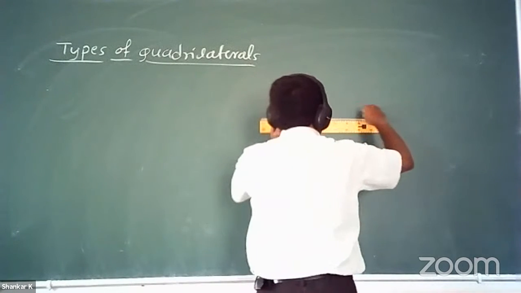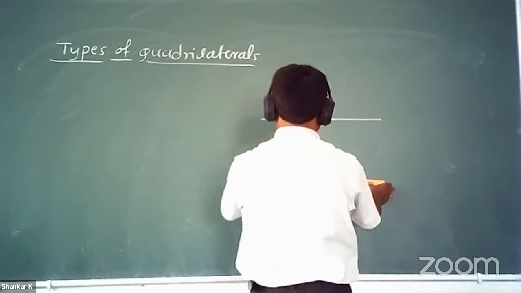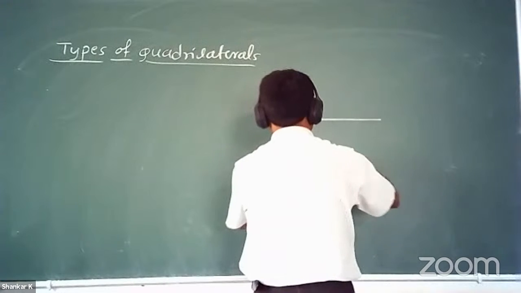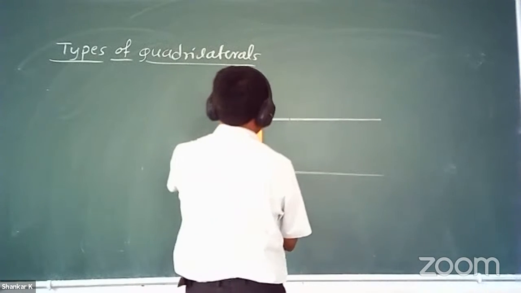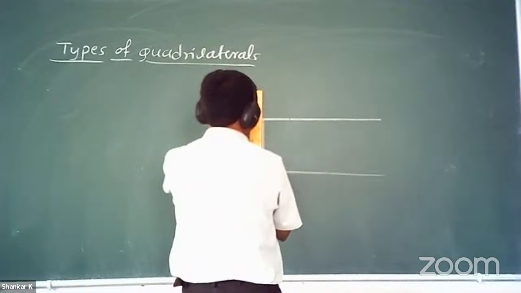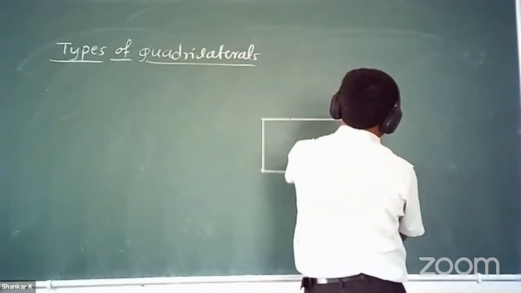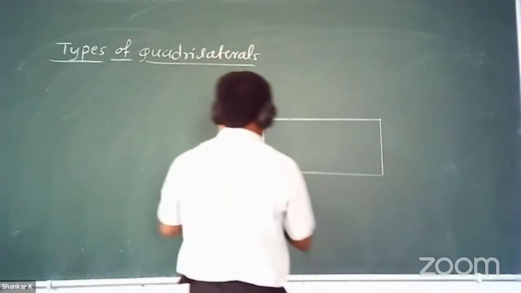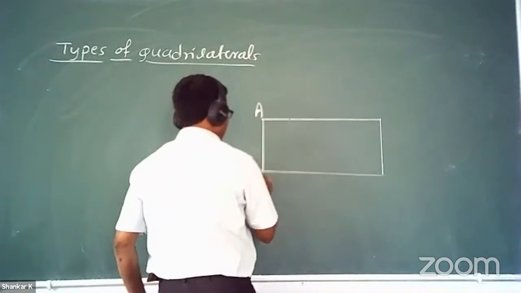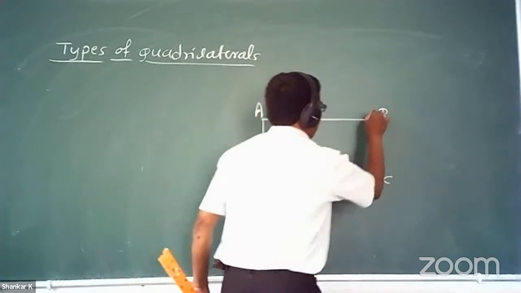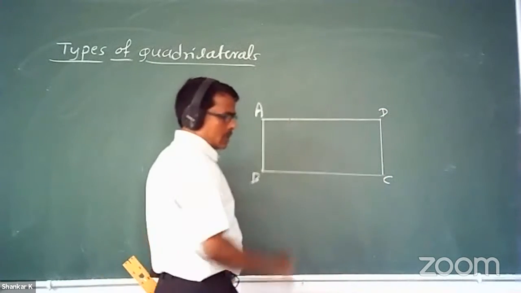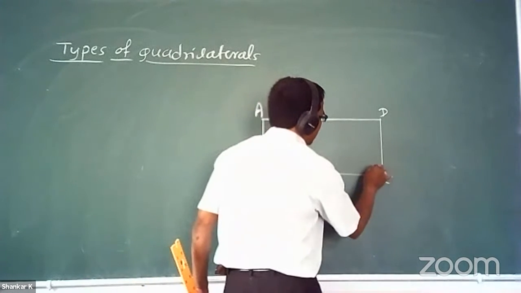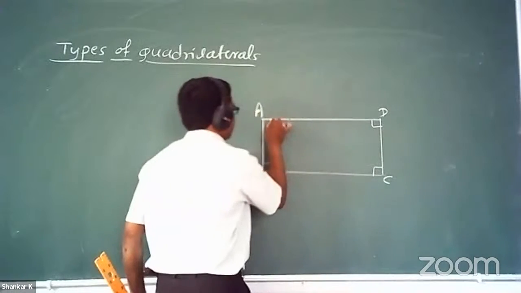ABCD. So it is a rectangle. In a rectangle, all angles are right angles.